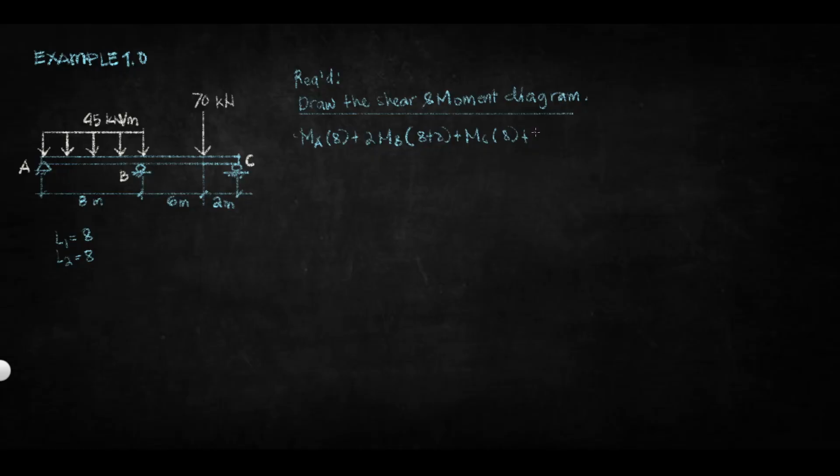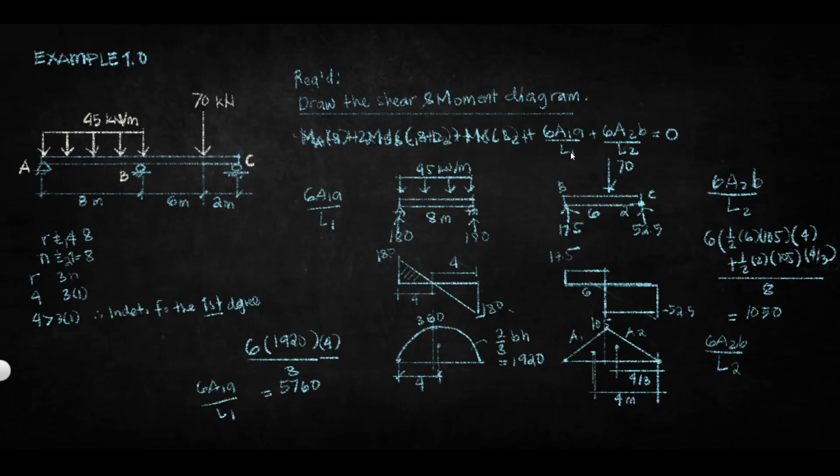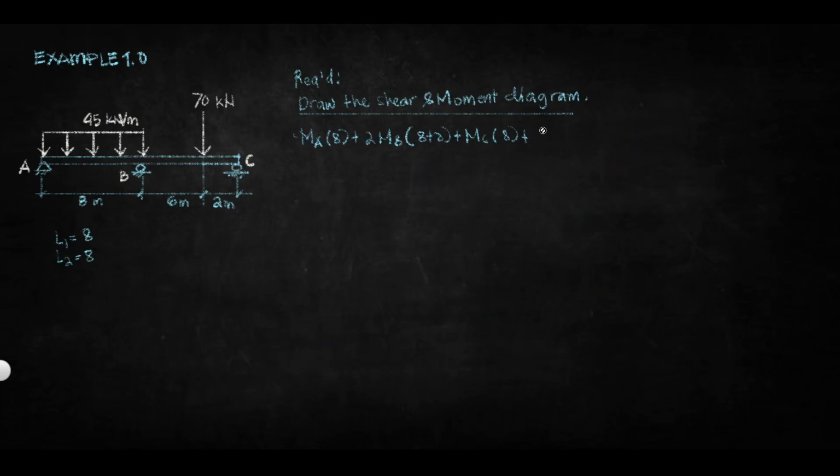So, yung una is 5,760. Okay, so I have 5,760.